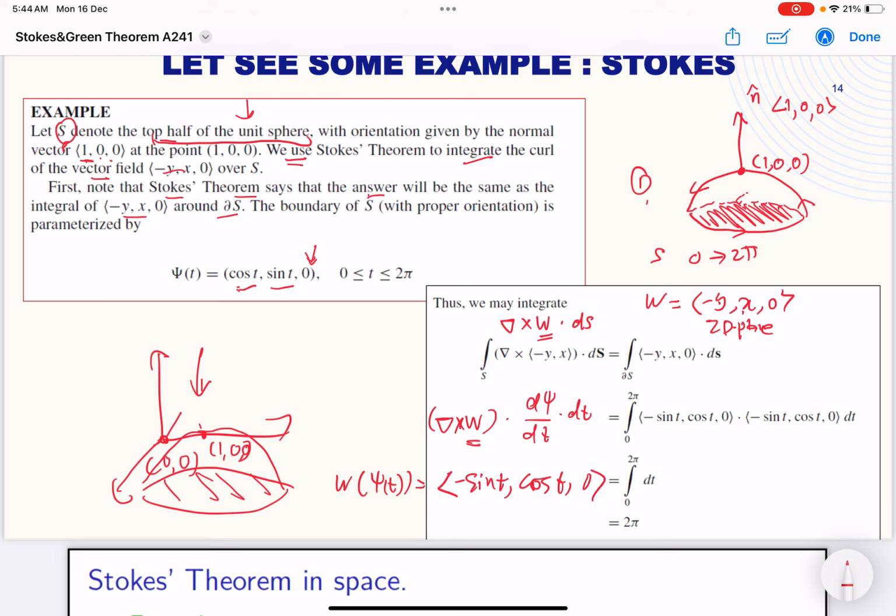So this is your W, correct? And also your d psi over dt: if you differentiate cos, you get negative sine, and if you differentiate sine, you get cos t, 0. Okay, so this is your d psi over dt.